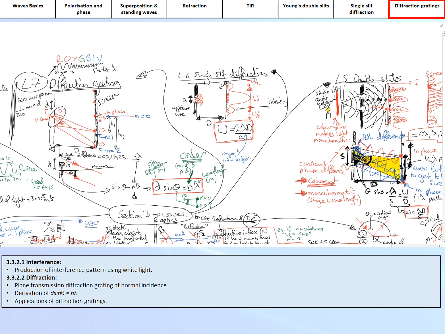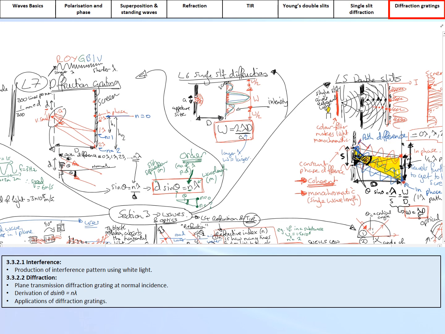So if we try and do the same thing for blue light, we'd find the central peak here is going to be smaller. And if we drew the green one, we get something that's in between the two, like that. So we'd end up with a rainbow.